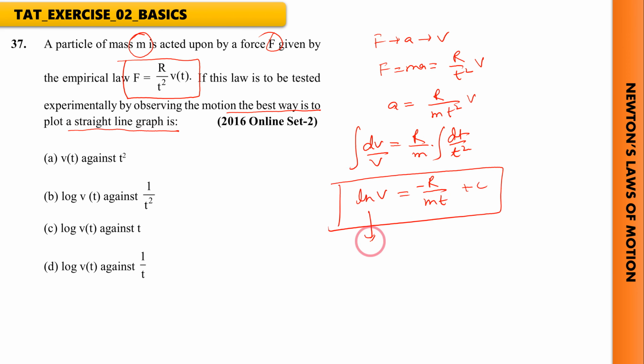Now if you see this as y, this as 1 upon t as x, so some constant p into x plus c. So basically this x is 1 upon t and y is your ln v. So the graph between ln v and 1 upon t will give you a straight line. So answer to this will be D.